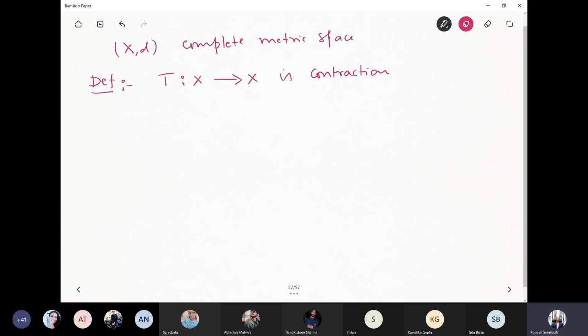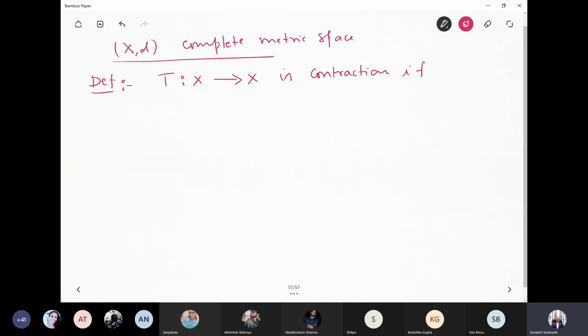This is called a map from X to X. X is a metric space. Let me take it as a definition. You can define it anywhere, but for us, we are only bothered about complete metric spaces. Generally, you can define it in any metric space.